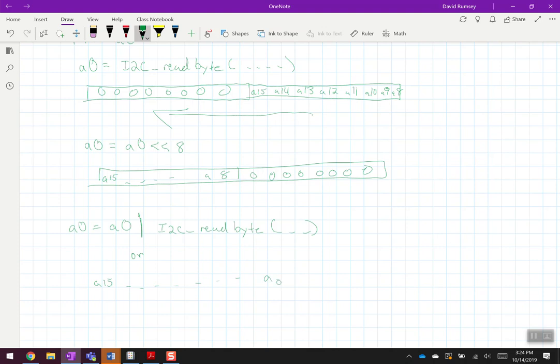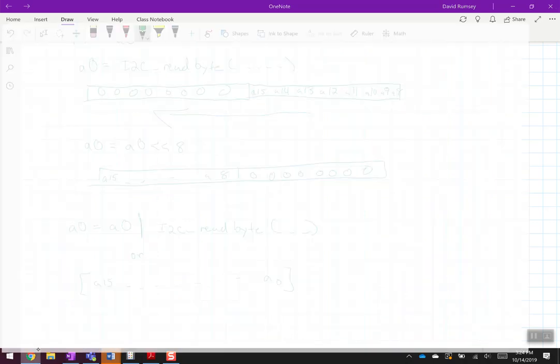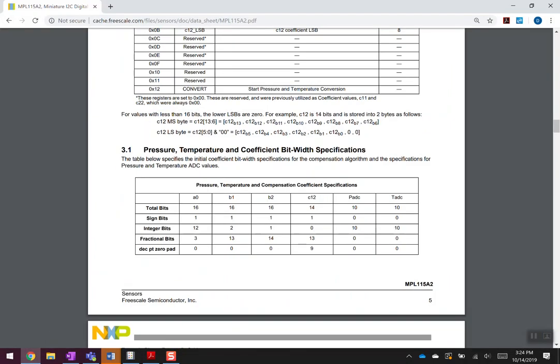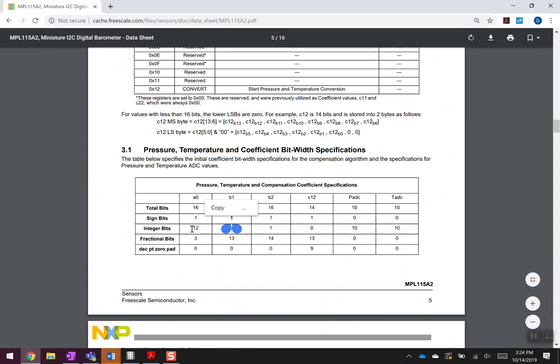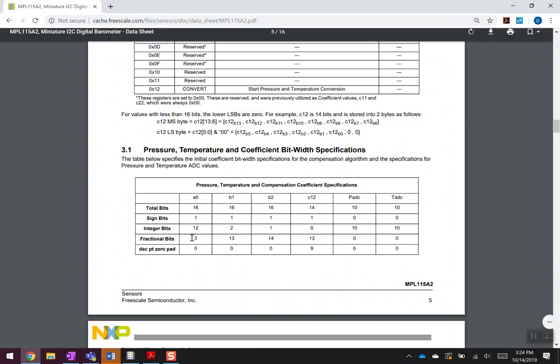Now, believe it or not, we're still not done. All we've gotten to this point is the data from the coefficient, but now I need to convert this coefficient to the right format. And the right format here would be one sign bit, 12 integer bits, 3 fractional bits.